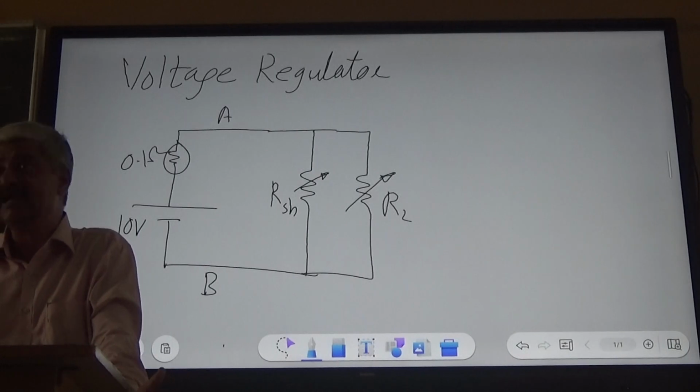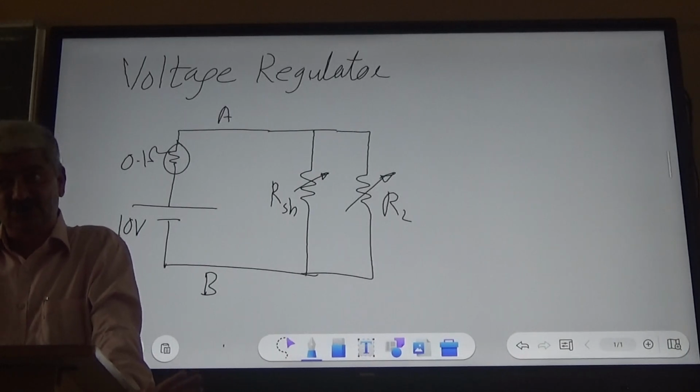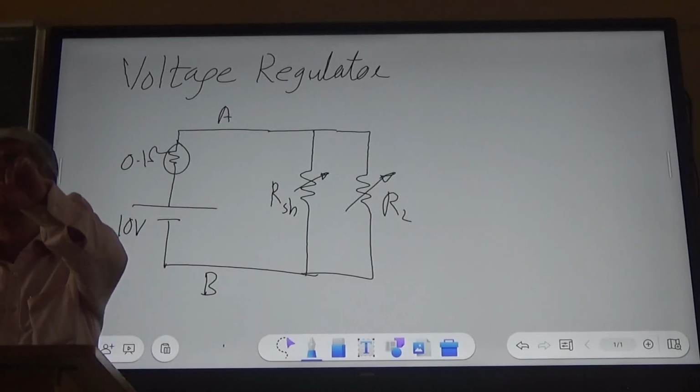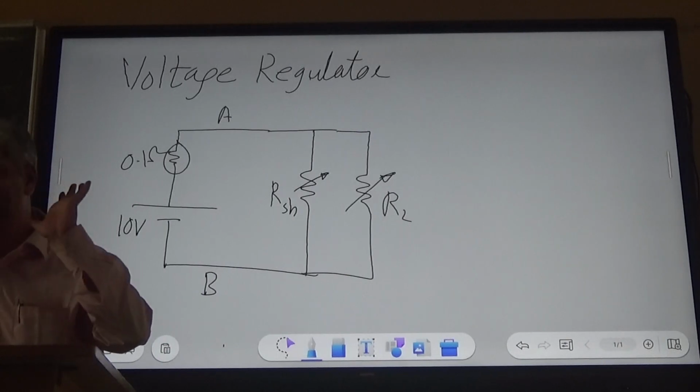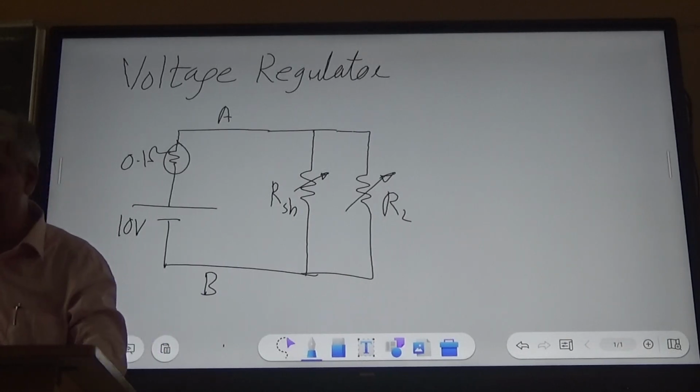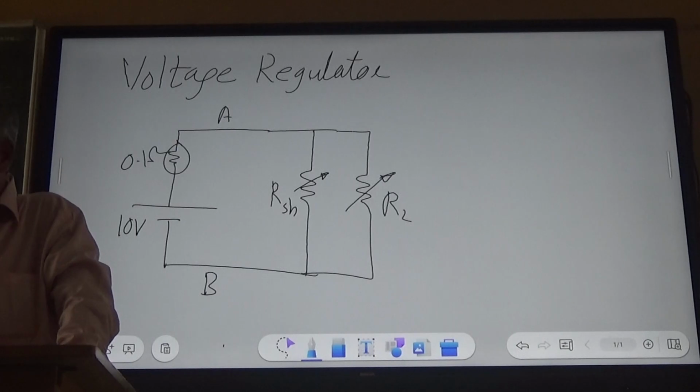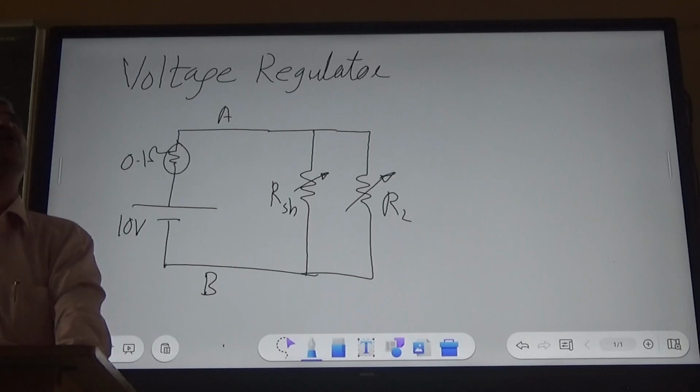Then we will say that it is like the ideal source, but it is not so, but within a stipulated range. Is the idea clear? By putting a shunt resistance, we can ensure that a fixed voltage is possible to be obtained.